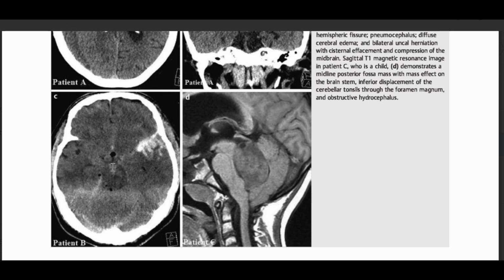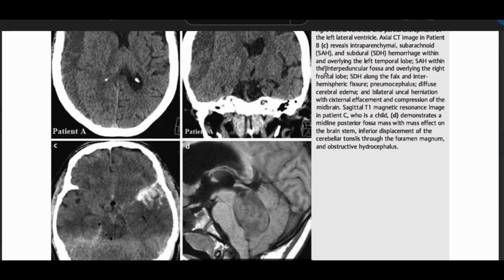Blood is seen here. The hemorrhage in the interpeduncular fossa is considered subarachnoid hemorrhage because the interpeduncular fossa is part of the basal cisterns. So blood within the sulci is subarachnoid hemorrhage, and blood within the interpeduncular fossa is also considered subarachnoid hemorrhage.